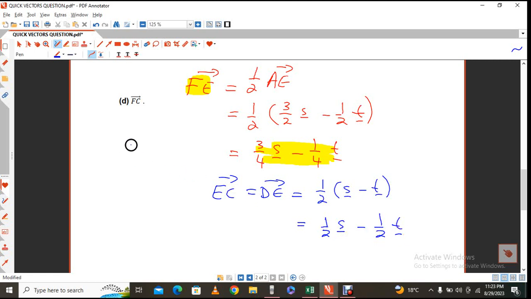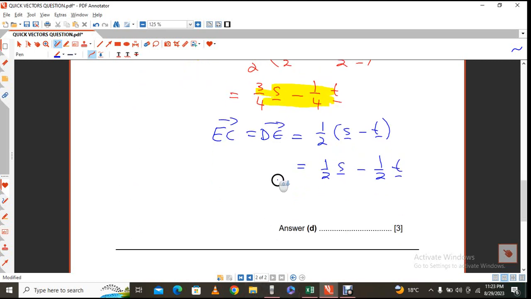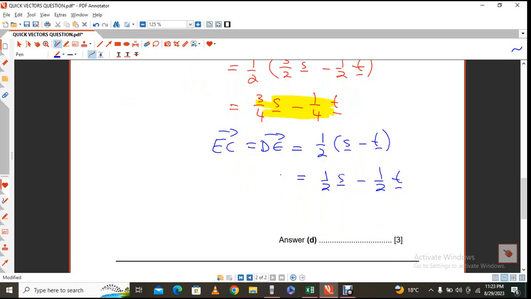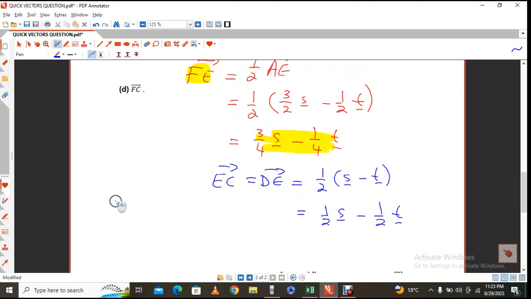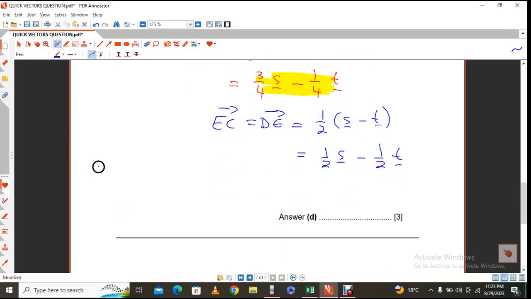Now I know that to go from F to C on my diagram, I'm just going to write it under here so that you can see. To go from F to C, it's going to be FE plus DE. Let me just highlight what I'm going to add.